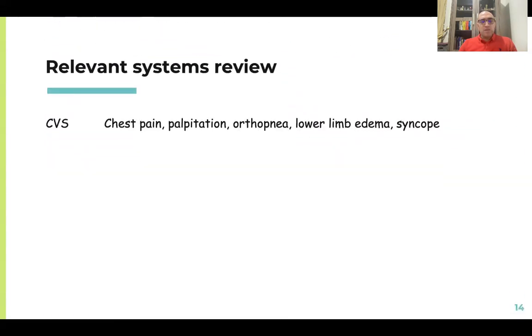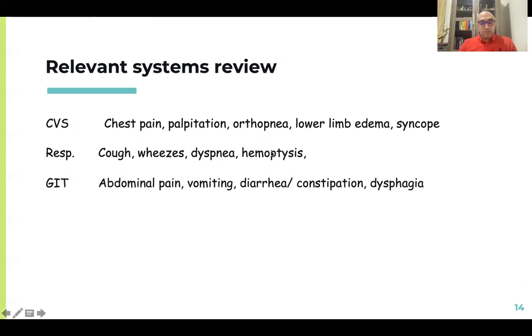Also, there are different systems, like the cardiovascular system. You can ask about chest pain, palpitation, orthopnea, lower limb pain, and syncope. Respiratory system, you can ask about cough, wheeze, dyspnea, and hemoptysis. For GIT, you have to ask about abdominal pain, vomiting, diarrhea, constipation, and dysphagia.